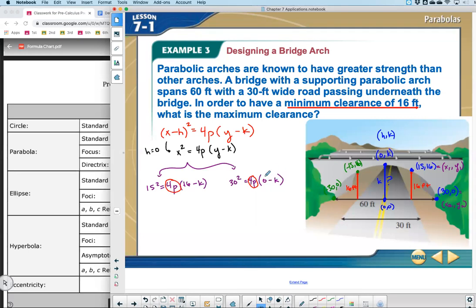0 minus k is simply put negative k. And so if I wanted to get 4p isolated, all I need to do is divide by negative k. And so what I discover is that 30 squared divided by negative k equals 4p.